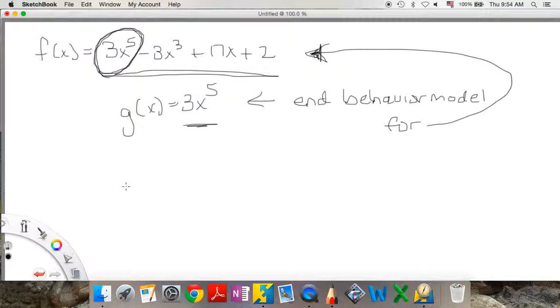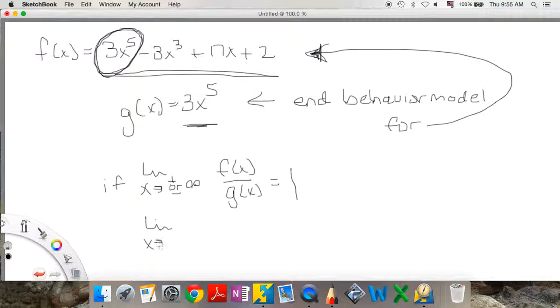Now, you can only use an end behavior model if the limit as x goes to positive or negative infinity of the function divided by that end behavior model equals 1. In other words, you have to have the same degree and coefficient. See if we set this up.